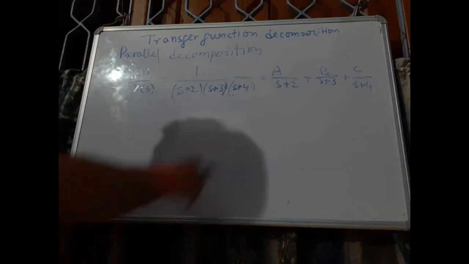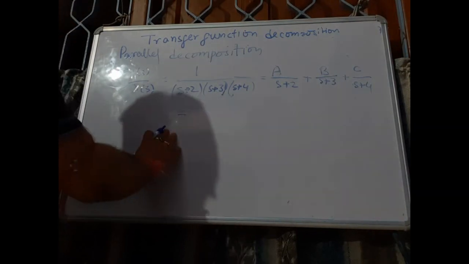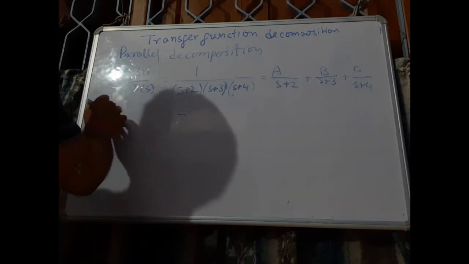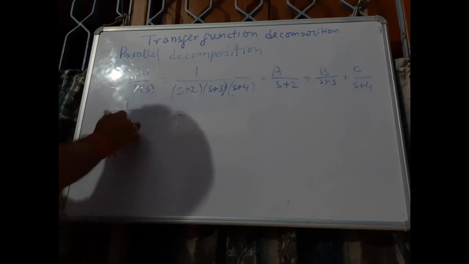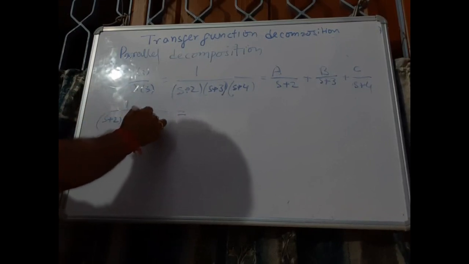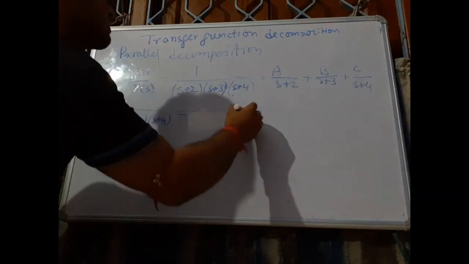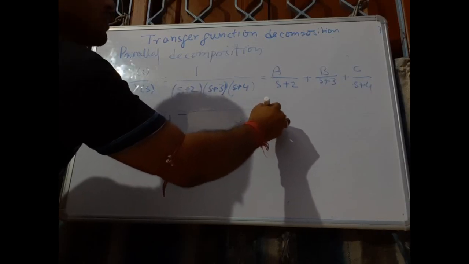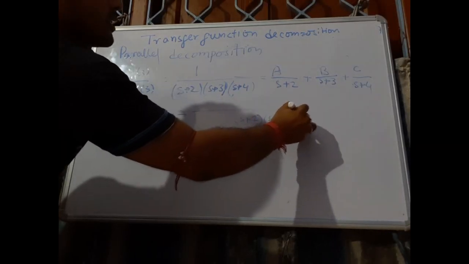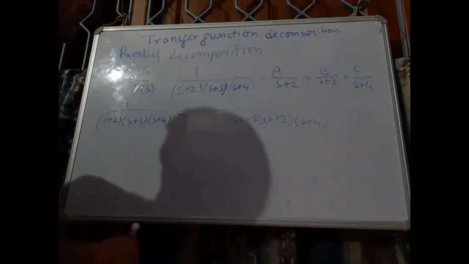So if I take the LCM, we get 1 by (s plus 2)(s plus 3)(s plus 4) on the left, and here also we get the LCM (s plus 2)(s plus 3)(s plus 4), right?